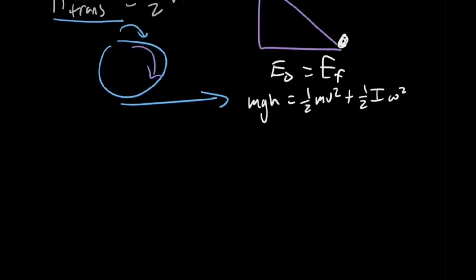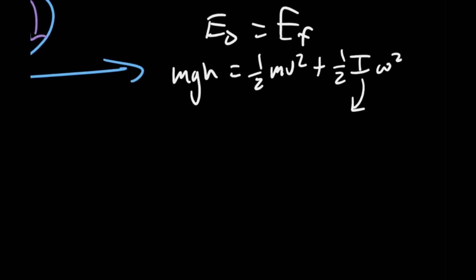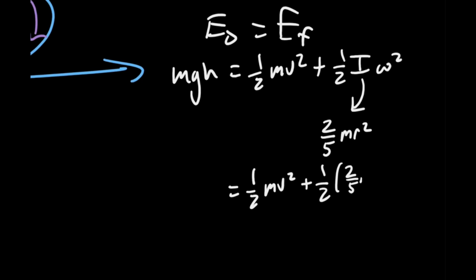And let's say that we're given that the I for a solid sphere is 2/5 mr squared. Then we can plug this into our equation here, and we're going to get mgh is equal to 1/2 mv squared plus 1/2 times 2/5 mr squared times, and then what are we going to use for omega? Well, we can just use v over r, so we're going to have v over r squared. And here these r squareds are going to cancel out.